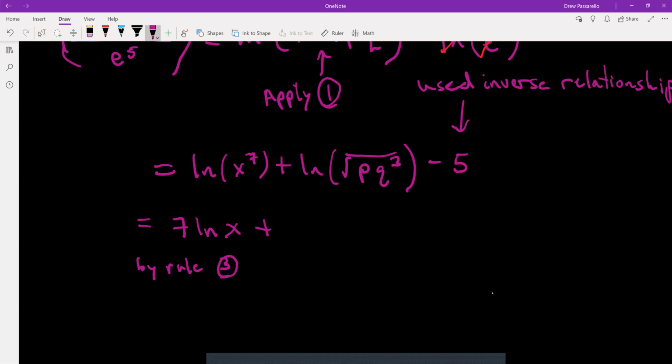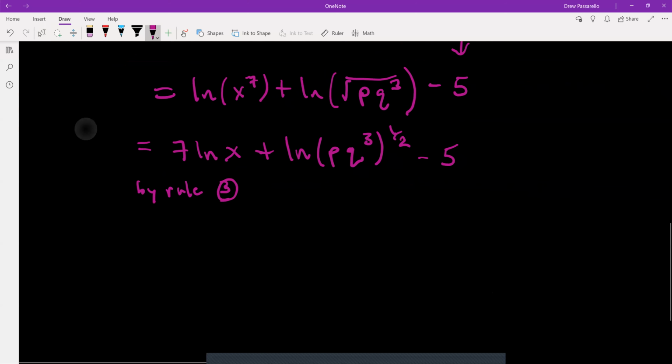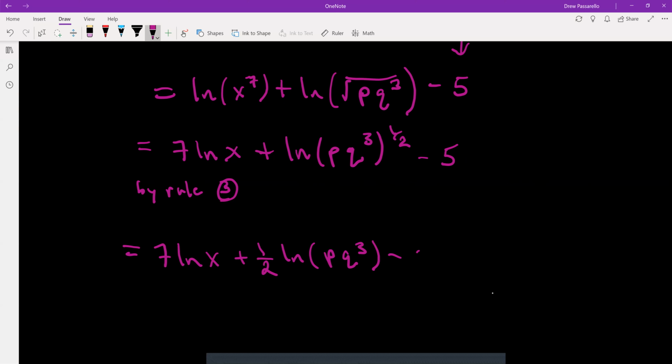Then plus, and you'd have to remember from algebra class that if you have a square root, that's the same thing as writing this to the 1/2 power. And since it's a 1/2, I can bring the 1/2 in front of the natural log. And again, that's using rule 3.